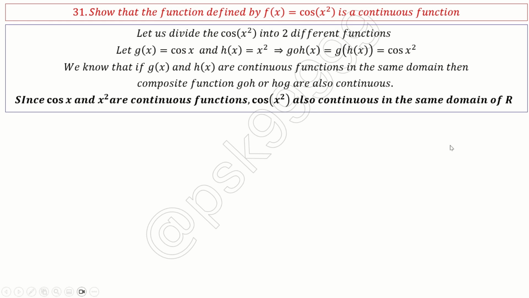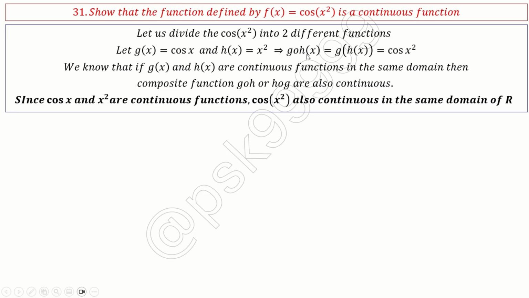Next. Show that the function defined by f of x equal to cos x square is a continuous function. This is simple. You can use composition of functions: where g and h are continuous functions, then g of h of x is also continuous. So let us call g of x as cos x and h of x as x square.